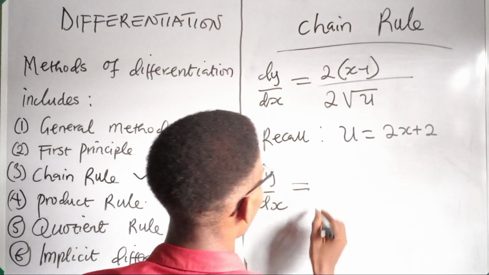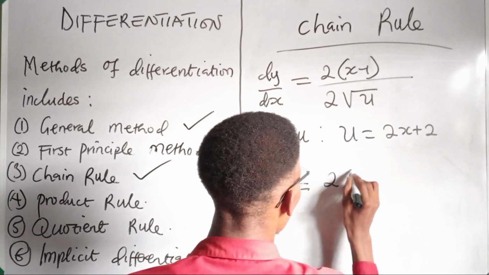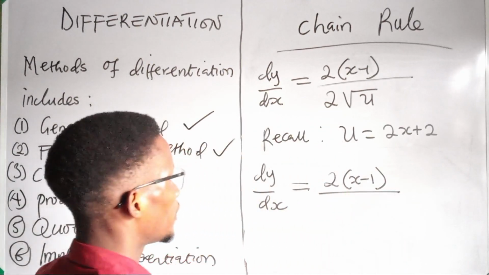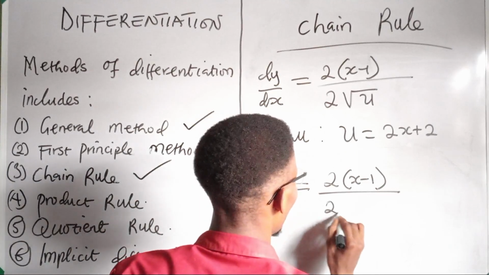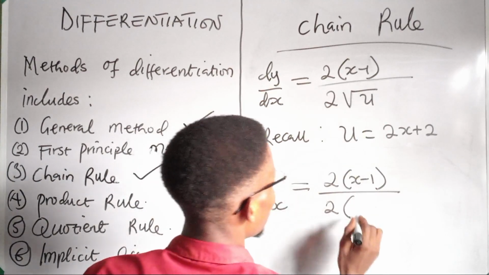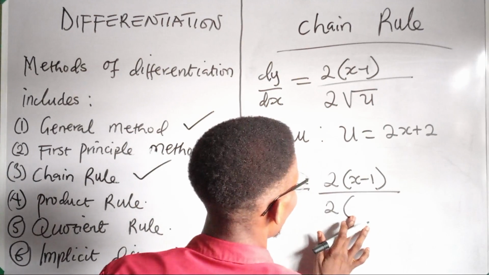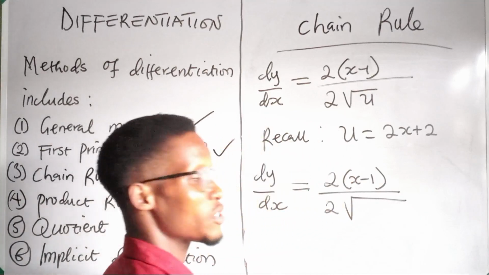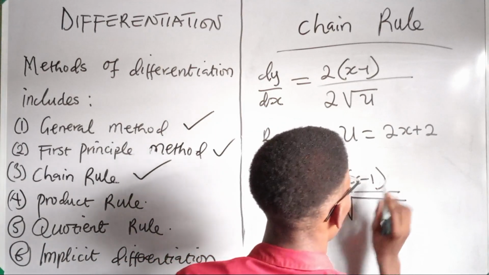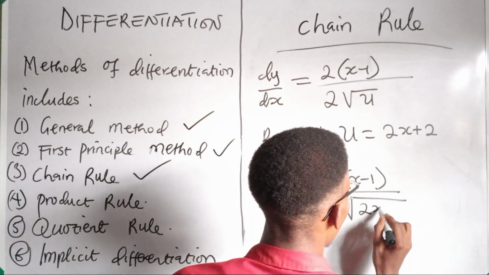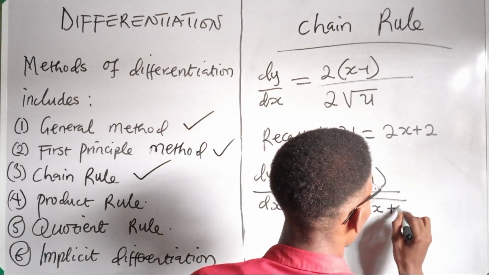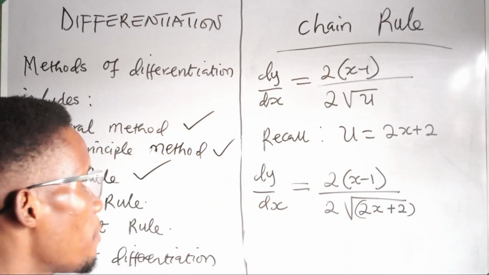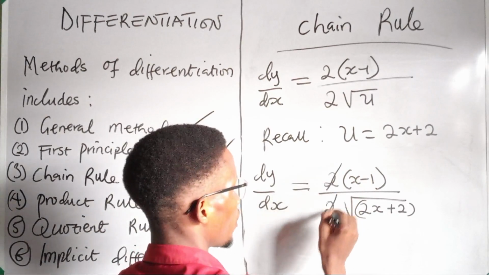If you do that, it's going to give us 2 bracket x minus 1 all over 2 times the square root of 2x plus 2. Remember, this 2 can cancel against this 2.